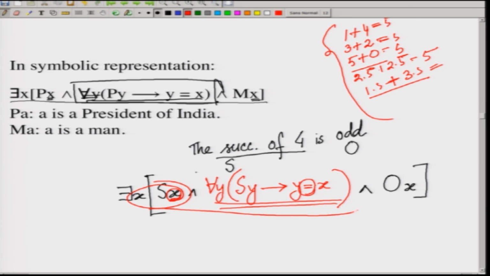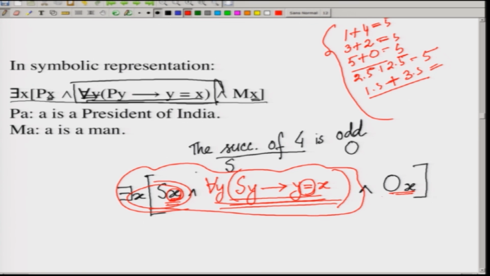So, together these two somehow say that there is one successor of 4, and that is only one successor. There is no other number. So, it is at least and at most one successor of 4, and that successor x is odd.